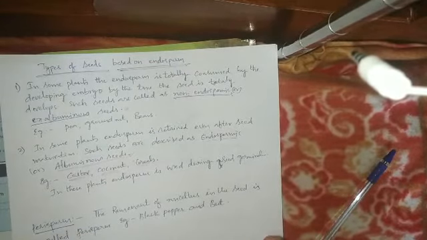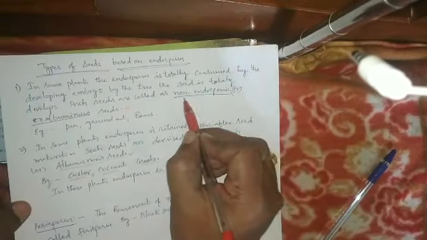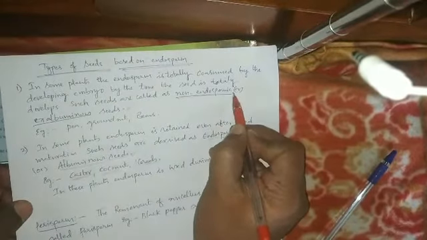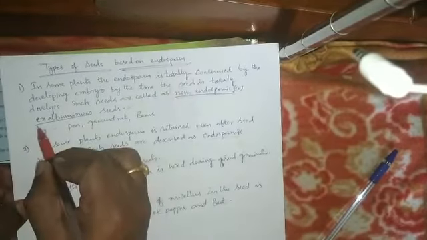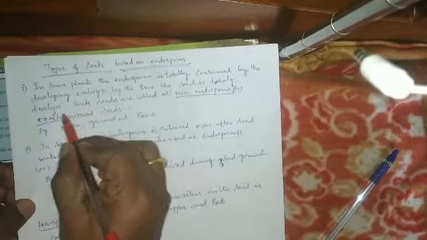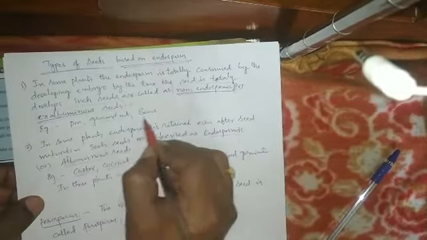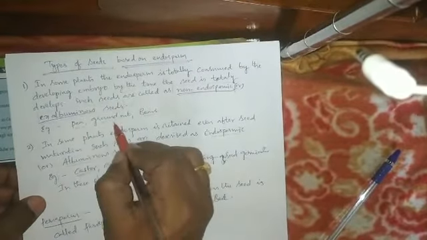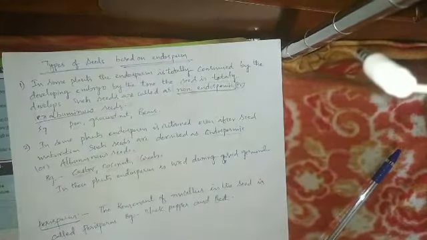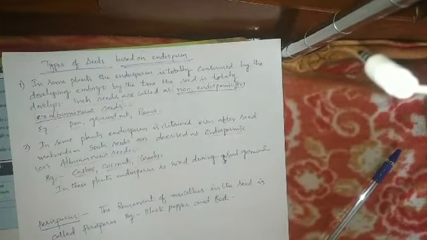So they are called non-endospermic seeds or exalbuminous seeds. Examples: pea, groundnut, beans.